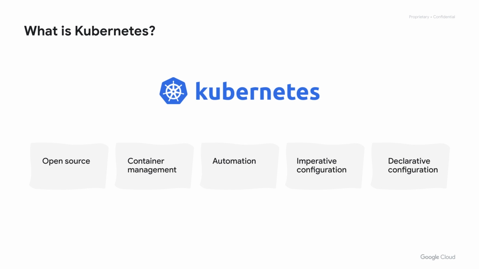Its origins come from something called Google Borg. If you've ever heard of the Borg papers, you can Google that. So Google Borg was Google's internal system for running containers. Google has been running containers for over a decade. They started using containers before the advent of Docker and the current popularity of containers. I know, before it was cool.